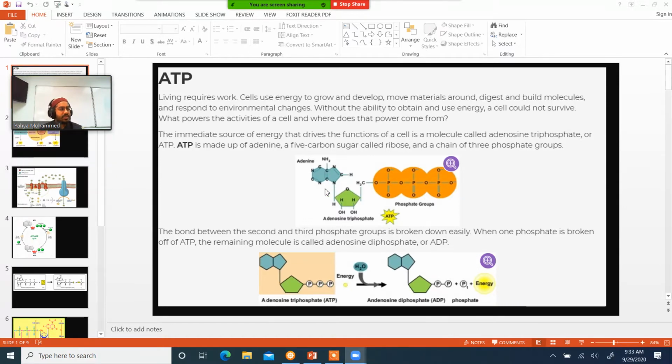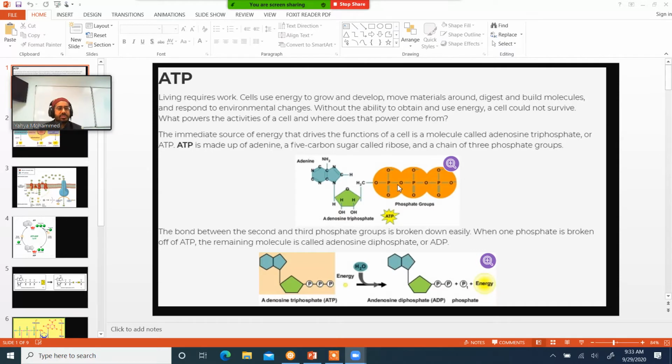And then what is this down here? This is a sugar. Do you remember the sugar and then the phosphate group? A nucleotide consisted of one nitrogenous base like adenine, one ribose sugar, a pentagon kind of structure, and one phosphate group.